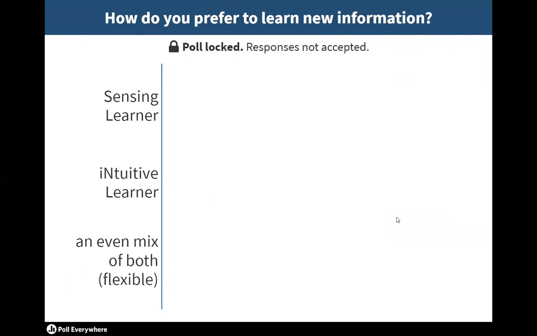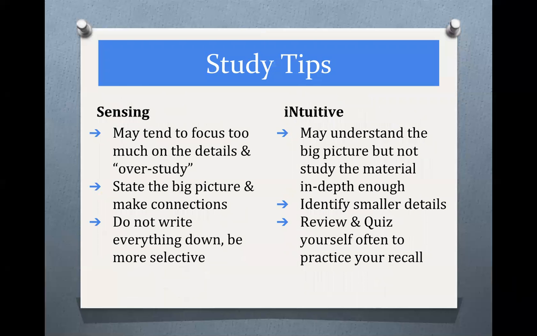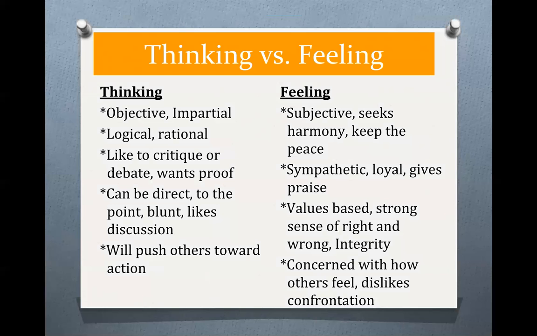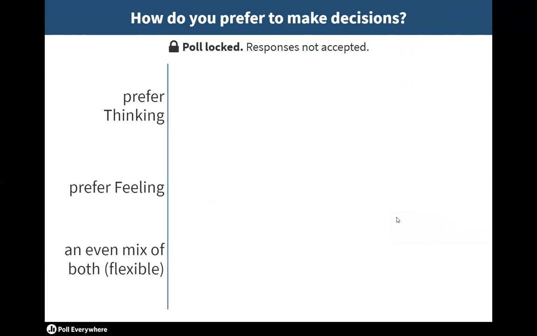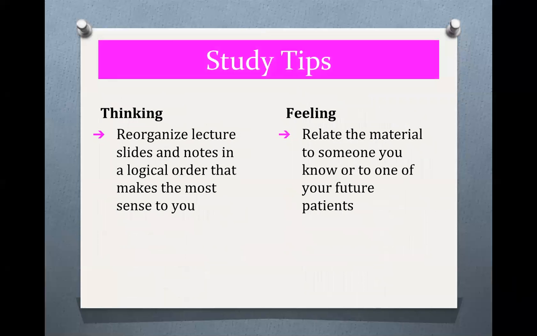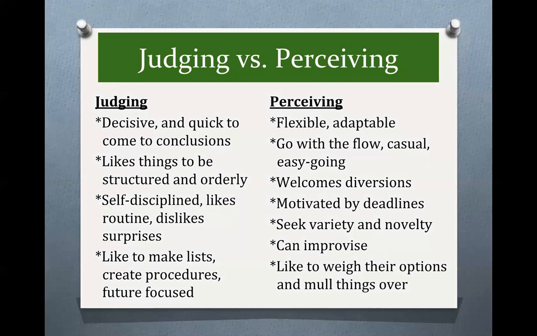Okay, then we have the sensing and intuitive learner question, so we can see what the response will be. Thinking and feeling, we go through the differences between each of the dichotomies, then have them report their responses. And the last one, after thinking or feeling, is the judging and perceiving.